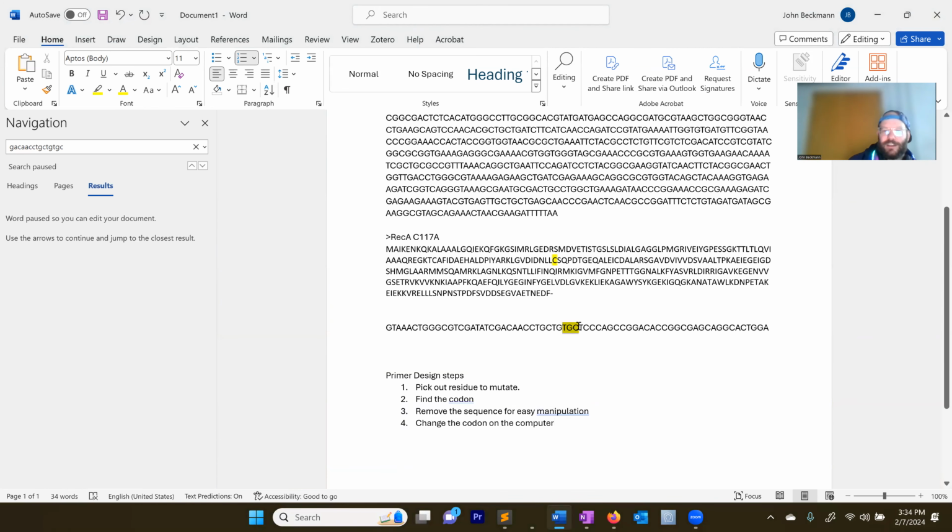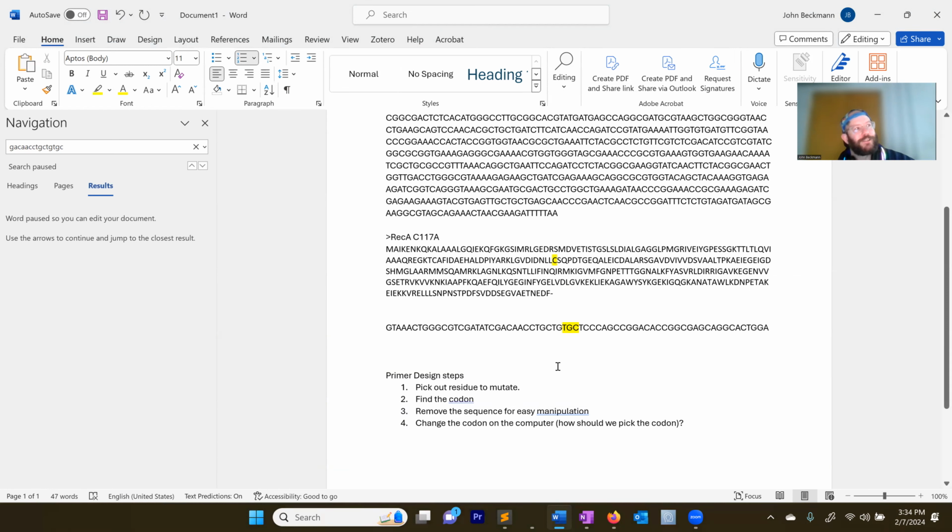How do we find the codon that we need? That's an interesting question. How should we pick the codon? If we're going to do alanine, there are multiple codons for alanine. What should we choose, and what should be the rationale for why we would choose that particular codon?